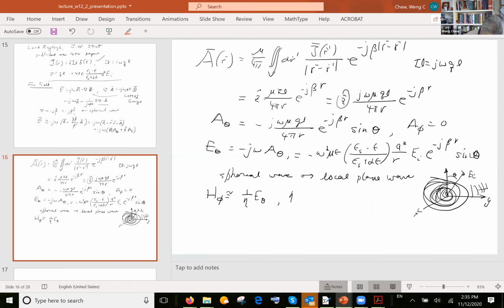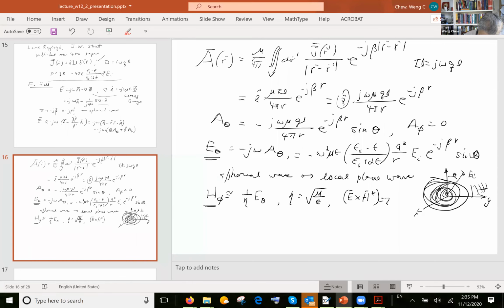And eta, of course, is this intrinsic impedance of free space. And then after using E and using H, you can find the complex power. Complex power is E cross H conjugate.